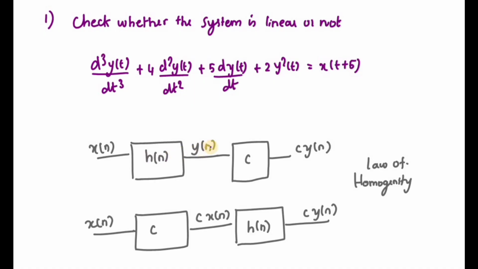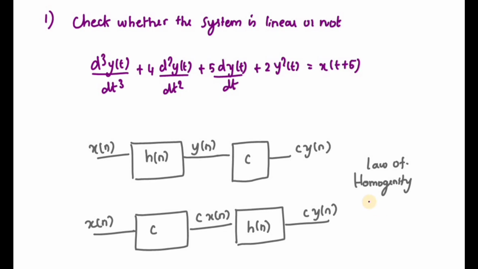Whenever it is multiplied with c, you will get c into y of n at the output. If again I multiply x of n with c, I will get c into x of n, and if I give it to this system, I will get c into y of n. So this is nothing but the law of homogeneity.